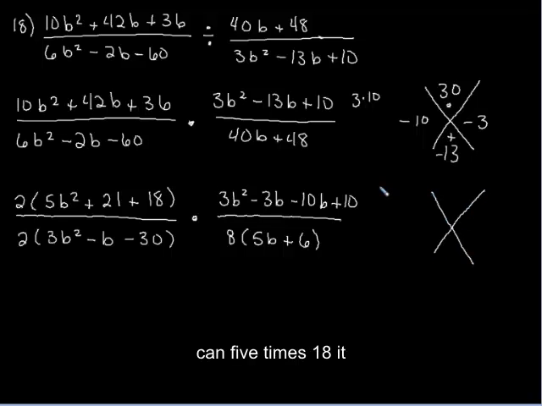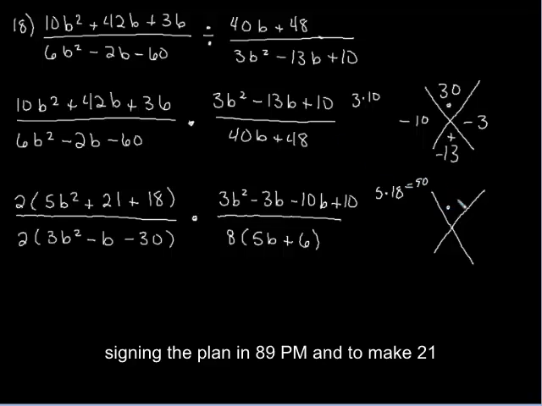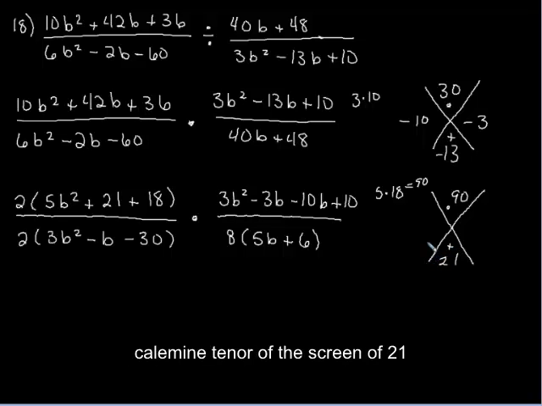Okay, I have 5 times 18 is 90. So I need to multiply to make 90 and add to make 21. Okay, well 9 and 10 are obviously not 21.